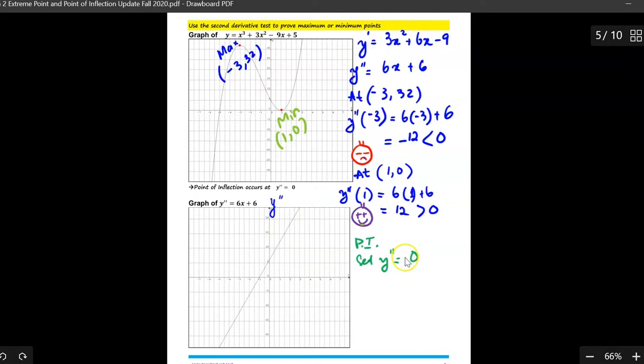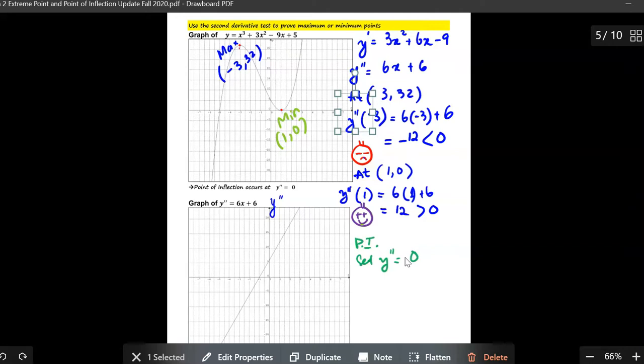And then I would like you to project this maximum point. If we project this maximum point down to this part, do you see this is negative, right? So obviously it is negative. So whenever you are in doubt and you want to ask me why, when you tell me that y double prime is negative, I am going to have a maximum point, then the graph here will prove that.